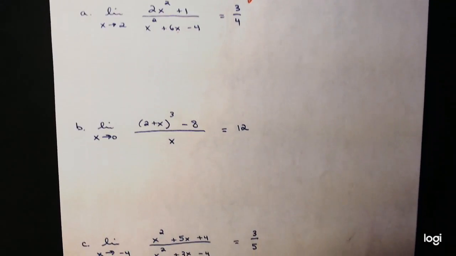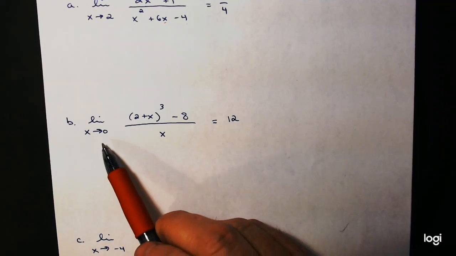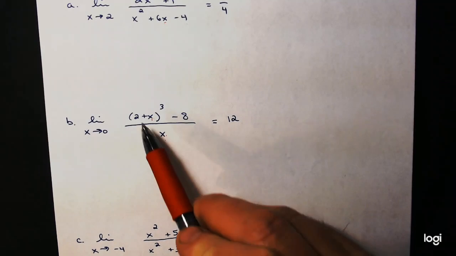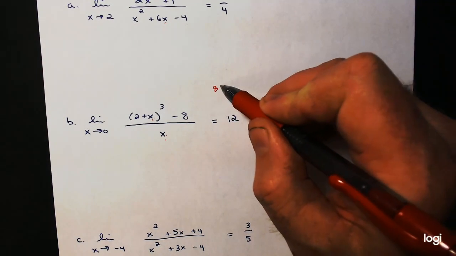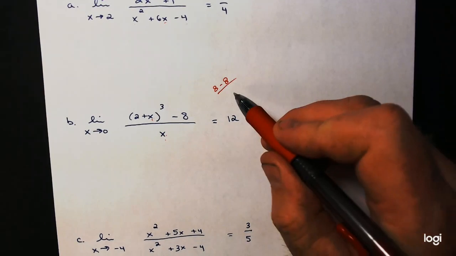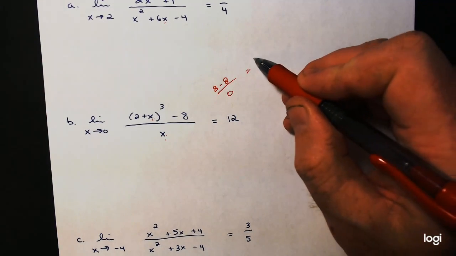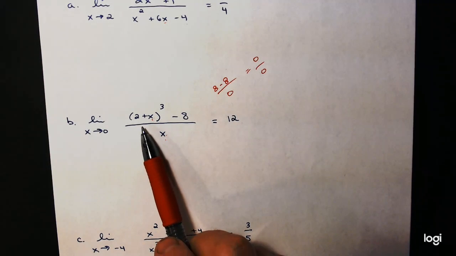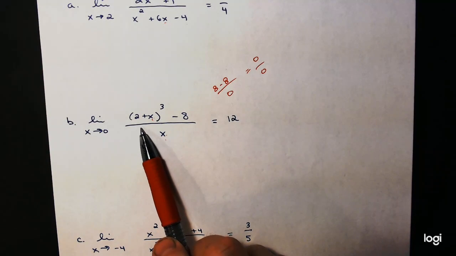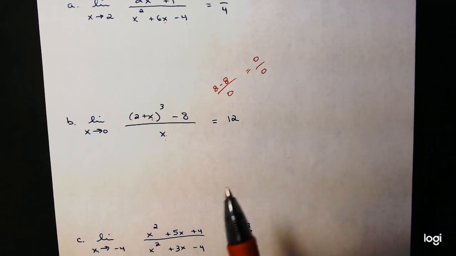Look at the next one though. If we plug in 0 for x here and here, plug in a 0, we get 8 minus 8 over, plug in a 0 there, 0 over 0. So in my video prior, we expanded this binomial and simplified it and got 12. Now let's just use L'Hopital's rule.